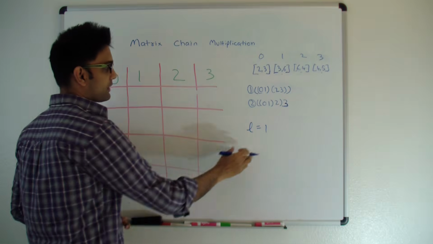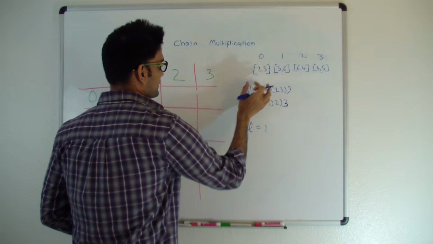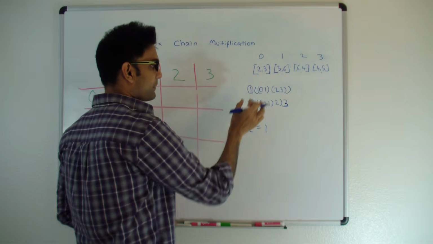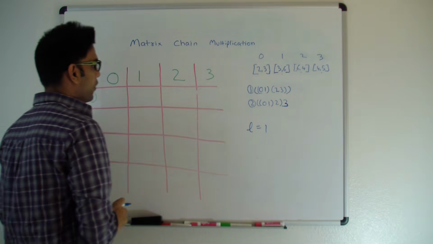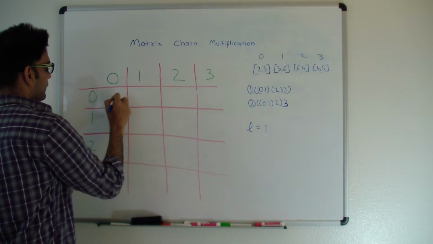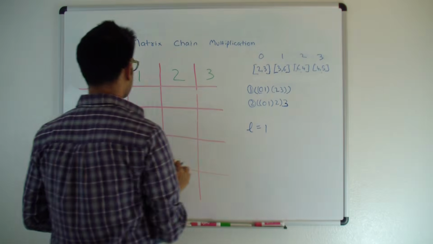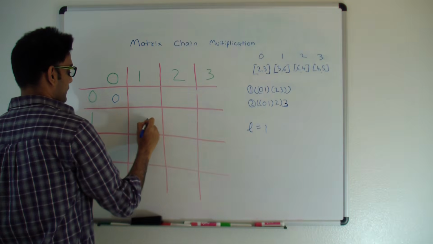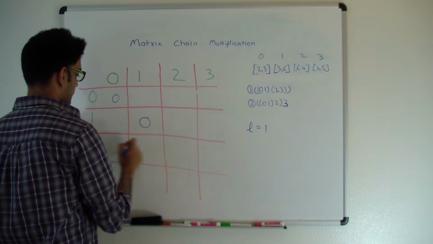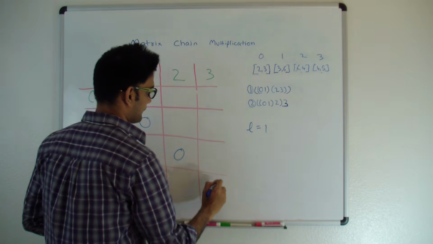When I say length 1, I'm looking at just one matrix at a time. So if I just had one matrix 2 and 3, the cost of multiplying it will be 0 because there is nothing to do. So 0 to 0 is 0. If I was just looking at matrix 3, 6, the cost of multiplying it again would be 0. So 1 to 1 is 0, 2 to 2 is 0, and 3 to 3 is 0.